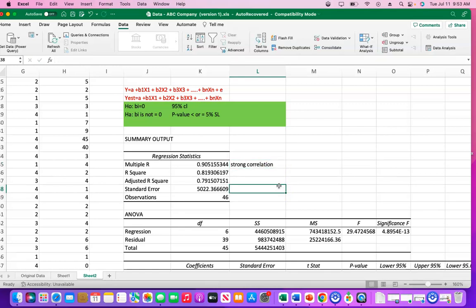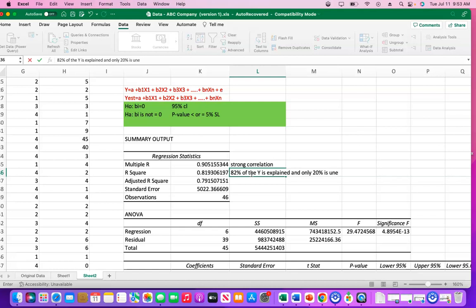Our model has a strong correlation, and also our model could explain about 82%. So 82% of the variation of Y is explained, and only about 20% is unexplained.